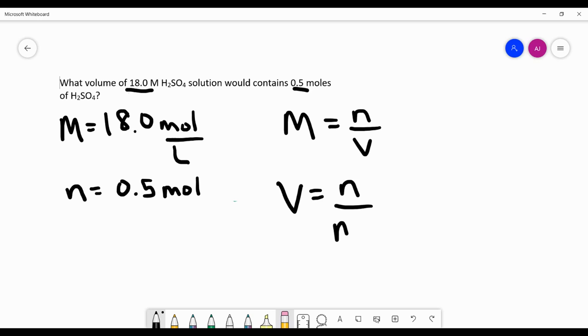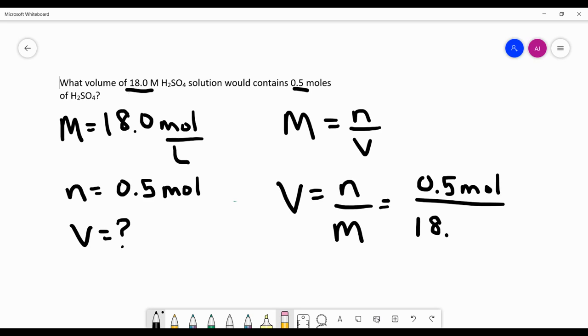So I'm going to rearrange this equation first by solving for volume, because that's my unknown. Next up, I'm going to substitute my values in. And then we are going to divide these two values and get to a final answer.